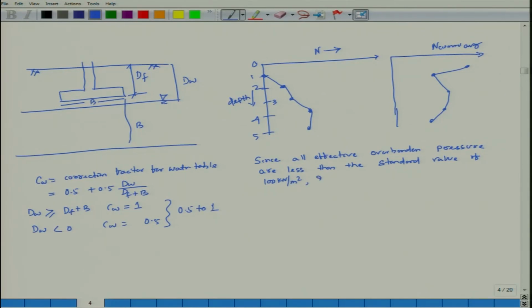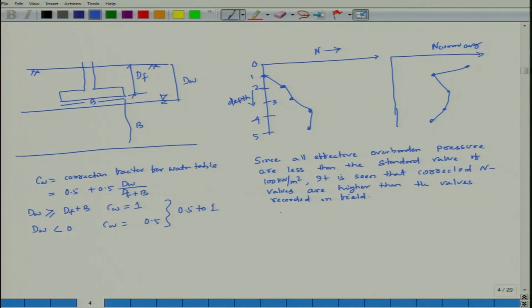It is seen that corrected N values are higher than the values recorded in the field.